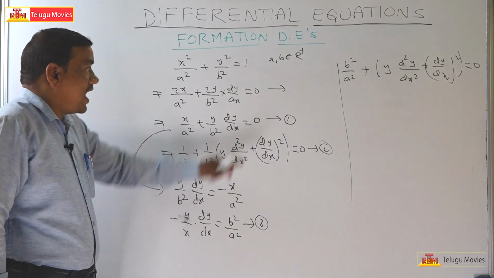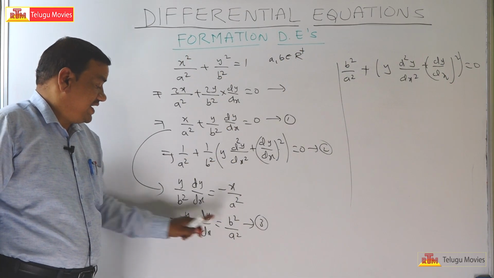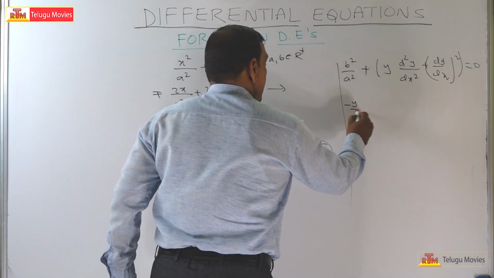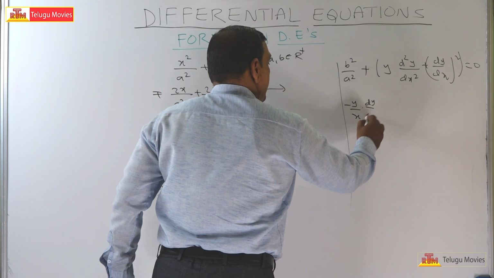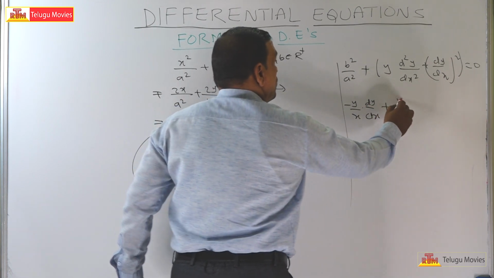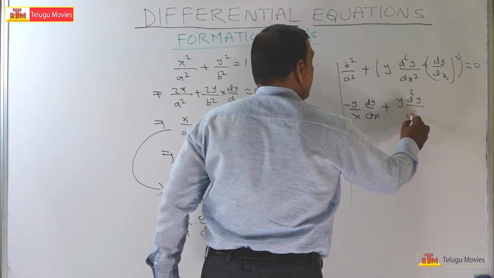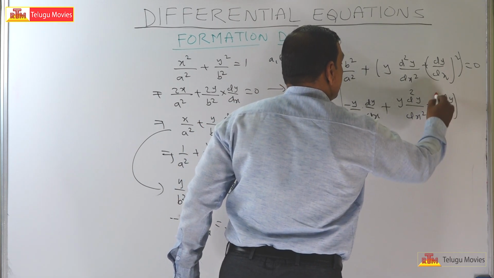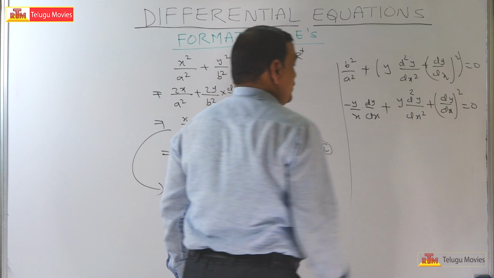Okay. Now, in that place of b square by a square, can I substitute minus y by x? So, this is minus y by x into dy by dx plus y into d square y by dx square plus dy by dx whole square is equal to 0.